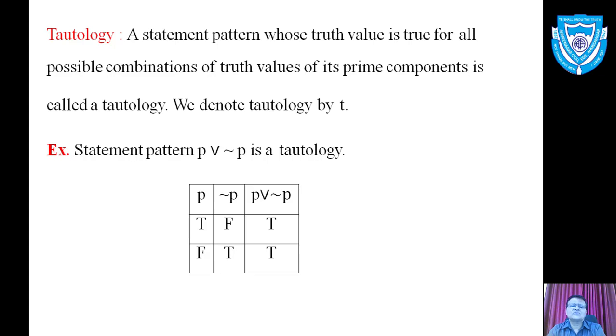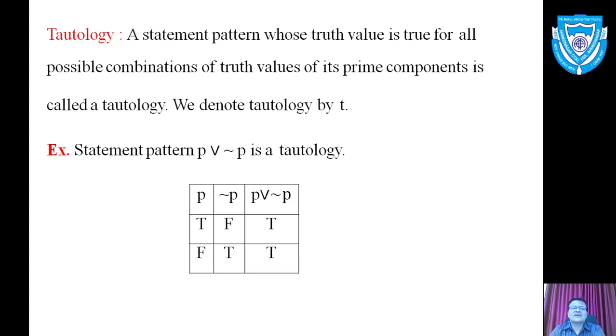Now why is this a tautology? I will explain this with the help of a table. In the table I have prepared one column for truth values of P, and P has two possible truth values T or F. Negation P has possible truth values F, T, and I have prepared a column for P or negation P, and we observe that P or negation P is true in both the cases.